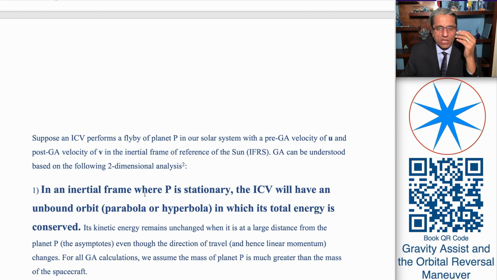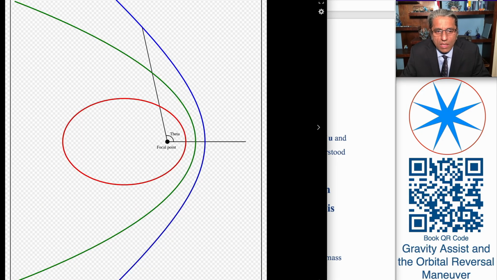Okay, so when you think of gravity assist, the first thing to start with is an understanding of Keplerian orbits. When a spacecraft or an asteroid approaches a celestial body, which could be a planet or a star, and assuming that the mass of whatever is approaching is much smaller than the celestial body, it can have different kinds of orbits.